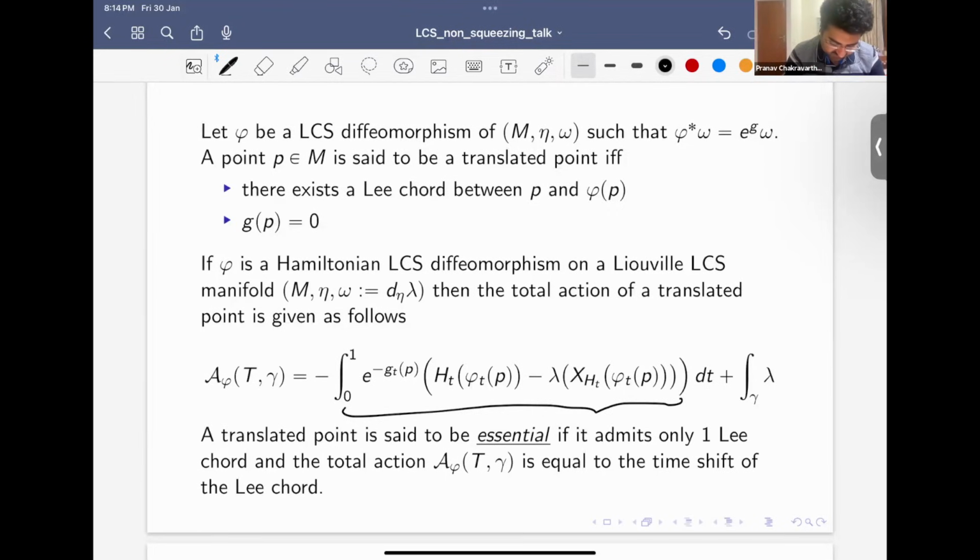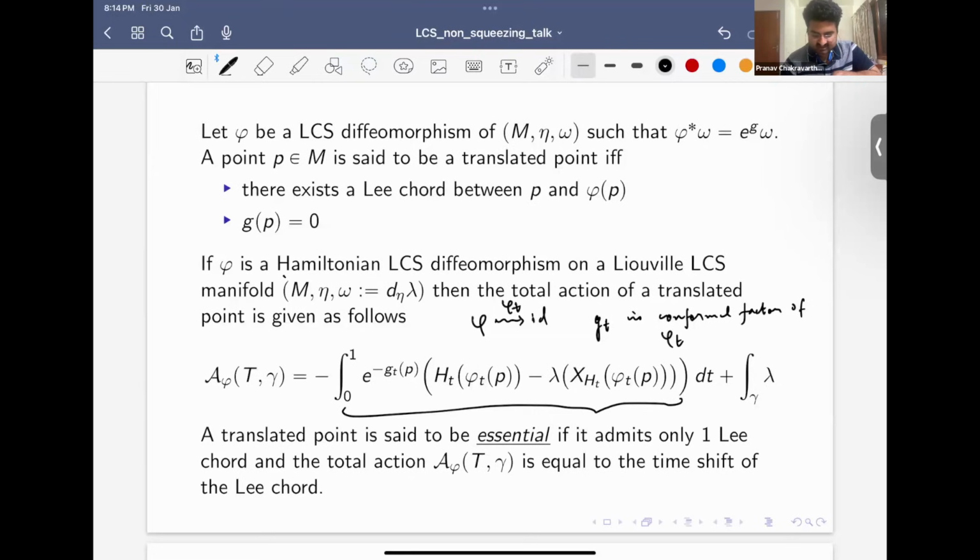Maybe I should say, because we have a Hamiltonian LCS diffeomorphism, I join φ to the identity via a path φ_t, and g_t is the conformal factor of φ_t. The Hamiltonian action is just given by integrating e to the minus g_t times the Hamiltonian function generating my path φ_t minus λ acting on the Hamiltonian vector field. So this is again a definition that's inspired by the usual Hamiltonian action.